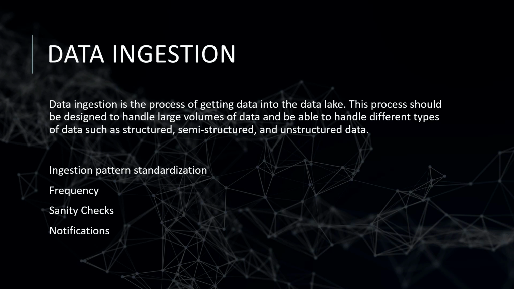So the pattern for me is to create an external table pointing to the table in the other data lake. That way I avoid copying huge amounts of data, a duplicate copy, into my data lake. So that's an ingestion pattern that I define for any consumption from another data lake.